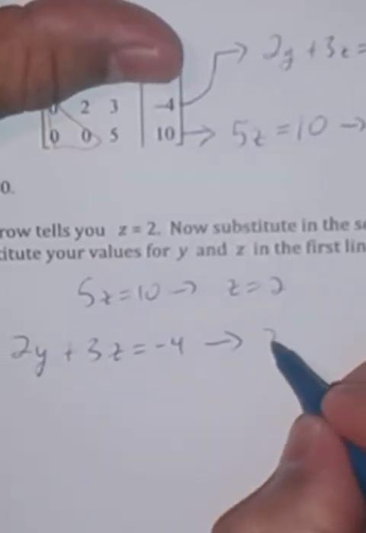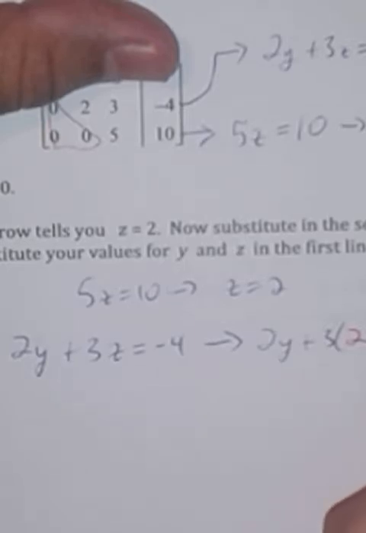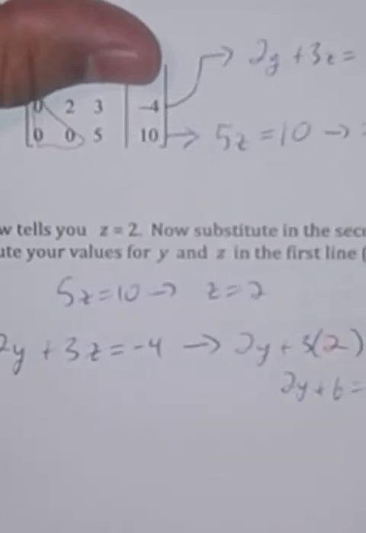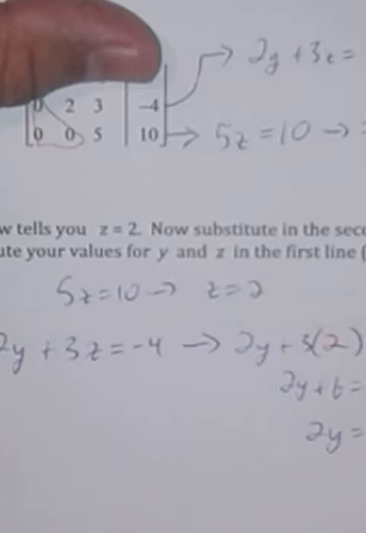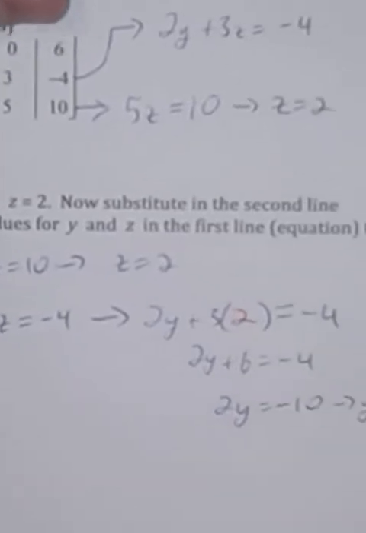So this is going to be 2y plus 3 times z, which is 2, equals negative 4. This is 2y plus 6 equals negative 4. I subtract 6 and I get 2y equals negative 10. And then divide by 2 and I get y equals negative 5.